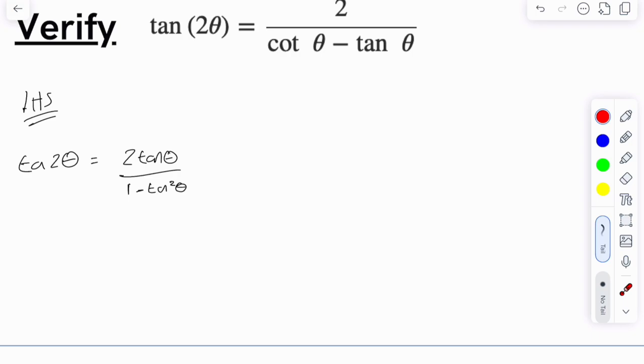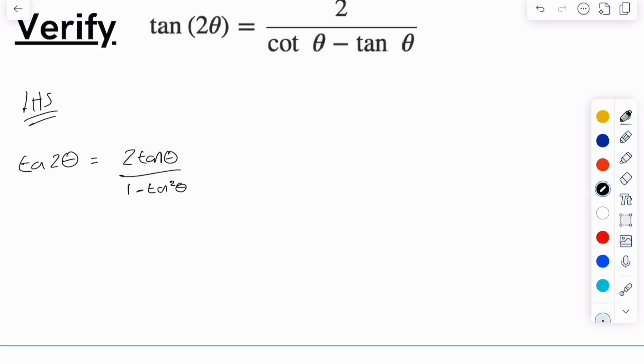And we need somehow to get this, as our denominator: cot theta minus tan theta. And at the same time, of course, we need to get rid of this tan theta here. So how do we go about doing that?